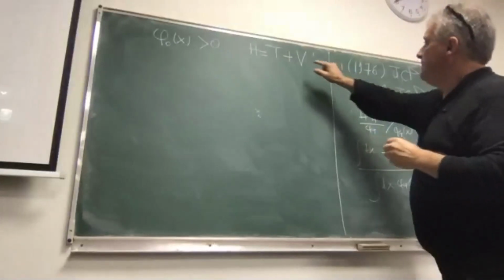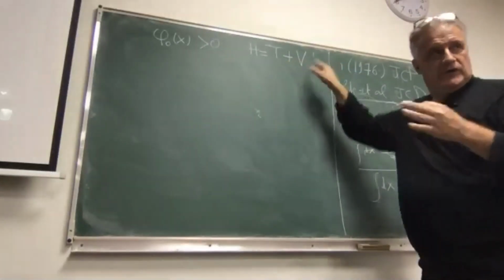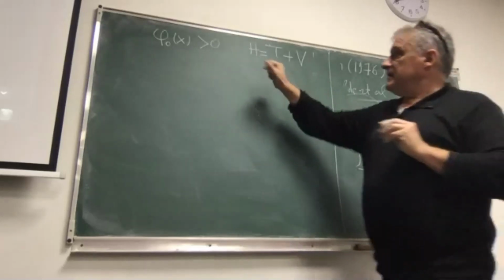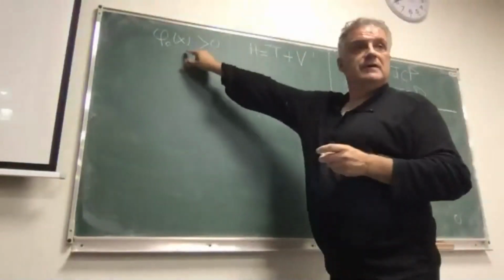It's called the Perron-Frobenius theorem, because the Hamiltonian has the structure of the form T plus V. You can show it. It's easy to do. Okay? So this is not the correct ground state for electrons. For bosons, if you have no symmetry, this is exact.